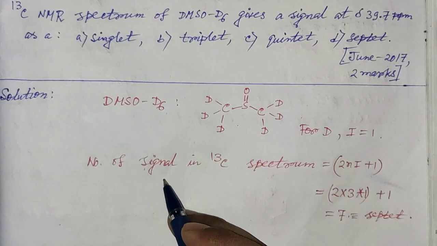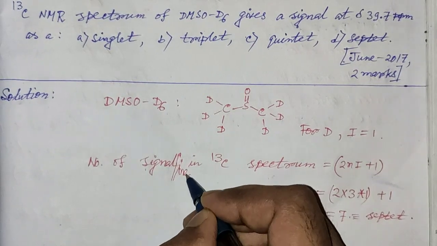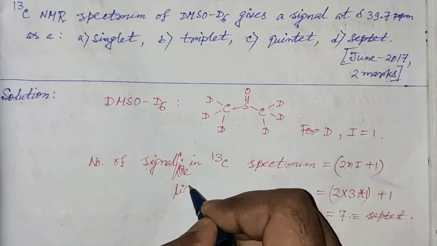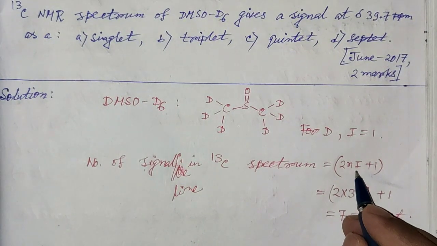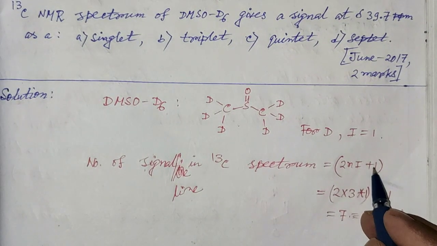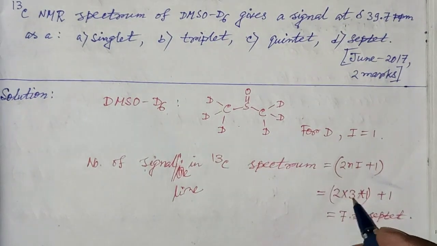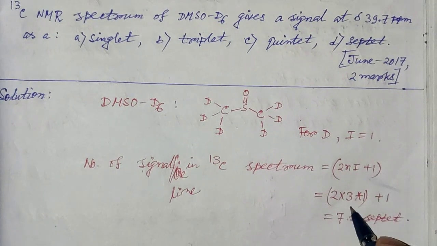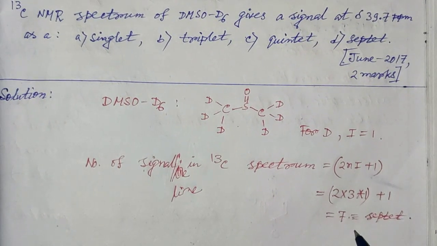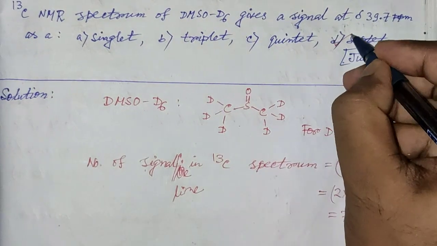The number of lines present in the 13C NMR spectrum follows the rule 2nI plus 1. Since n is equal to 3 here and I is equal to 1 for deuterium, the number of lines will be 7, that is a septet. So option D is the correct answer.